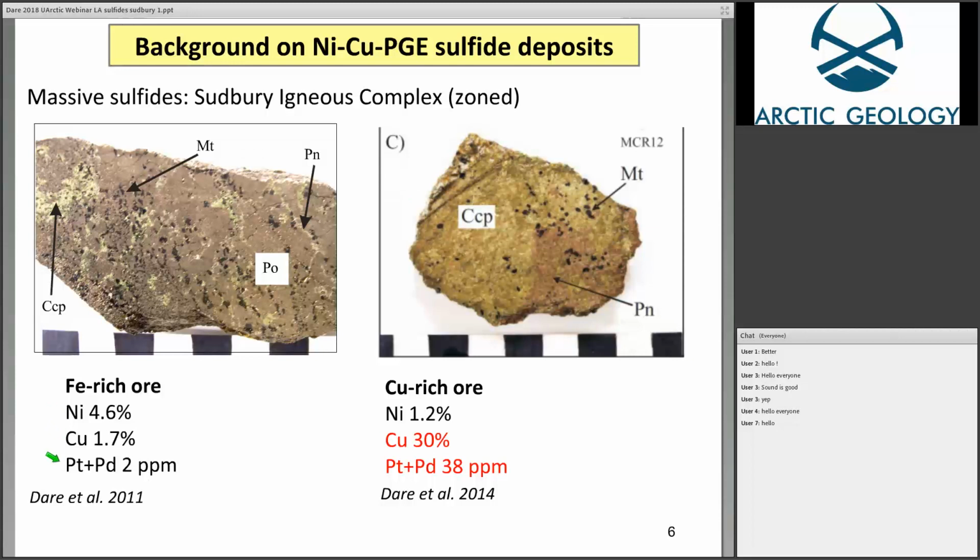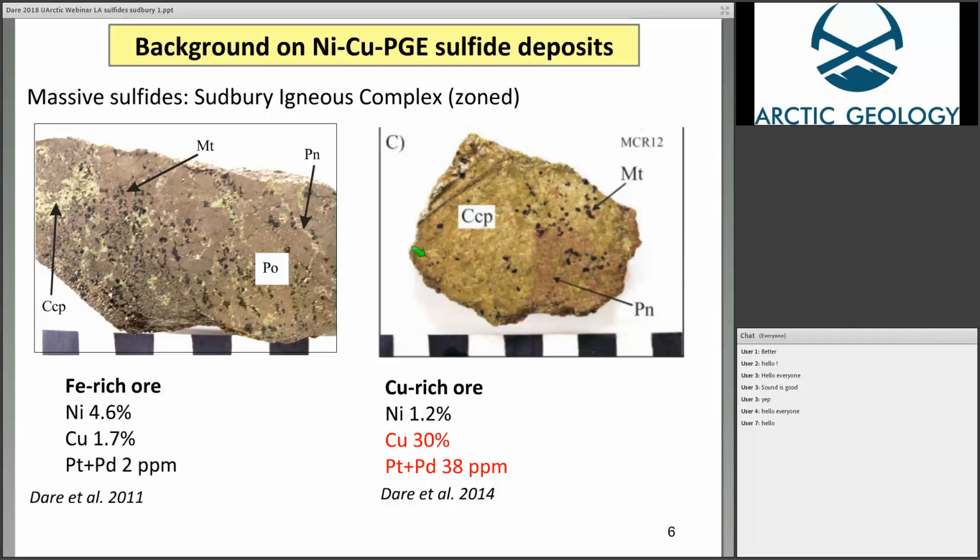For this sample, it's nearly 5% nickel, around 2% copper, but very low platinum and palladium, only 2 ppm. You can see it's made of pyrite with these little pentlandite veins. Occasionally you get little pockets of chalcopyrite. That is essentially like, you can think of it as trapped liquid within iron sulfide cumulate rock.